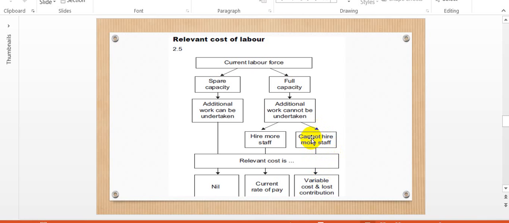So it means you have to move your current staff from their current job to this new project. So the relevant cost will be the variable cost of undertaking that project plus the lost contribution from the current job where you're going to move your current employees.